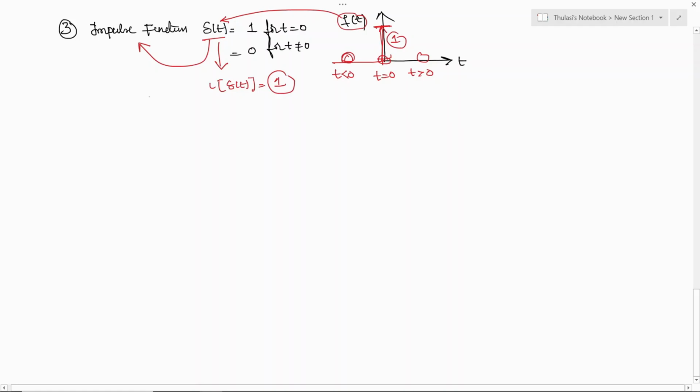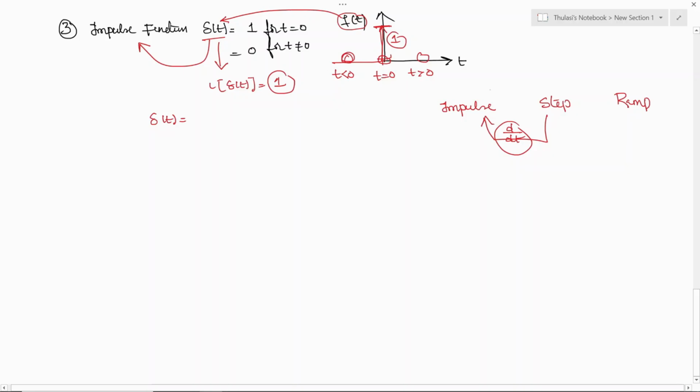Okay, so this delta of t, I can get three signals. The first signal is impulse, the next signal is step, the next signal is ramp. By differentiating the step signal, I can get the impulse signal.